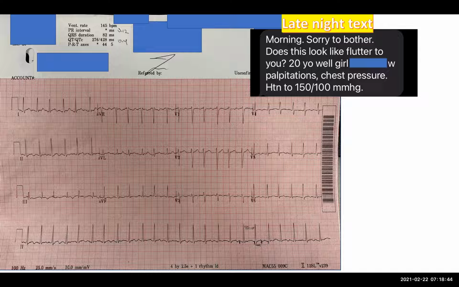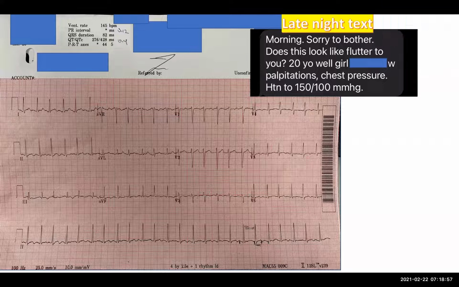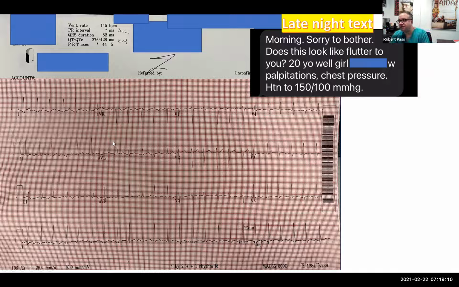And given the concern for flutter, I'm trying to look for a P wave in the interval that would give it 2-to-1 or 3-to-1. But I don't think I see it. I do see the T waves that can fool me into looking like a P wave, but the interval wouldn't make sense for a flutter. Right. So I agree with you, Grace. This is sinus rhythm.